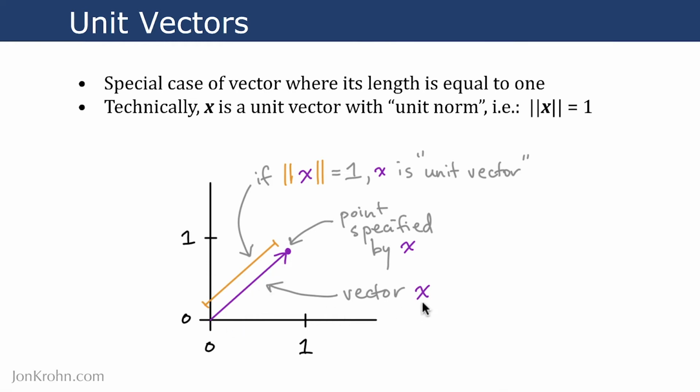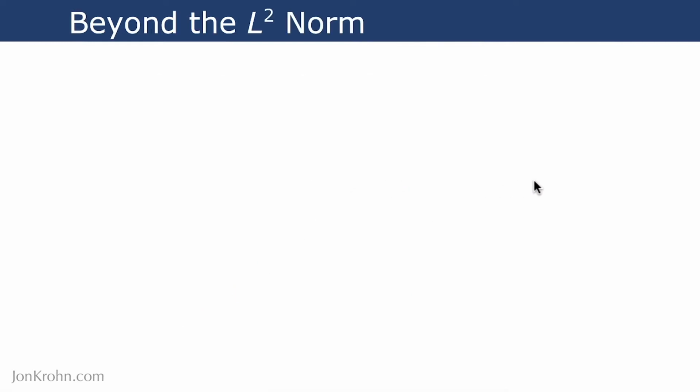We have some vector x here, represented by the purple arrow running from the origin on this graph to the point that that vector denotes. And when we calculate the L2 norm, this orange distance from origin to that point, we see that that L2 norm is equal to 1. And because of that property, we can say that this vector x is a unit vector.